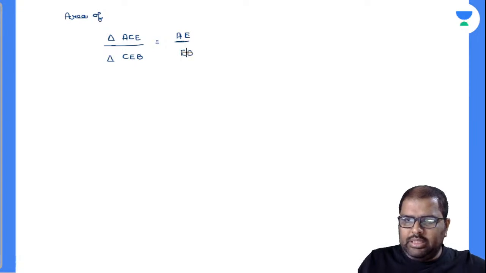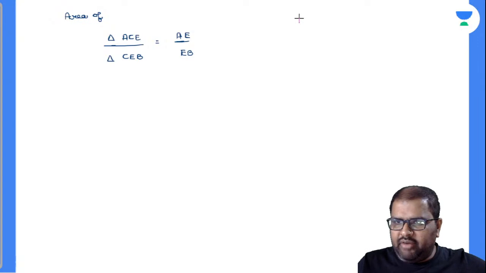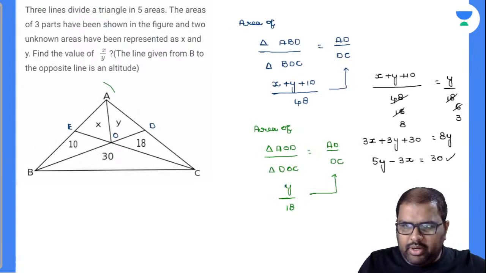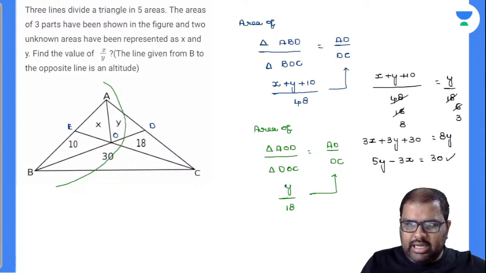Now I'll take a similar case here. Observe this one, I am rounding off this point, this triangle AOB.